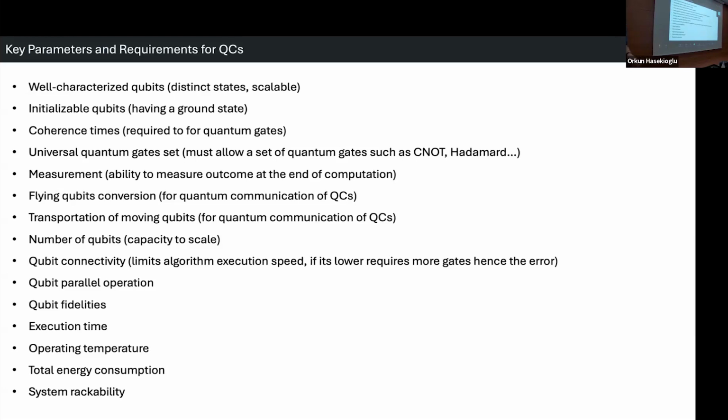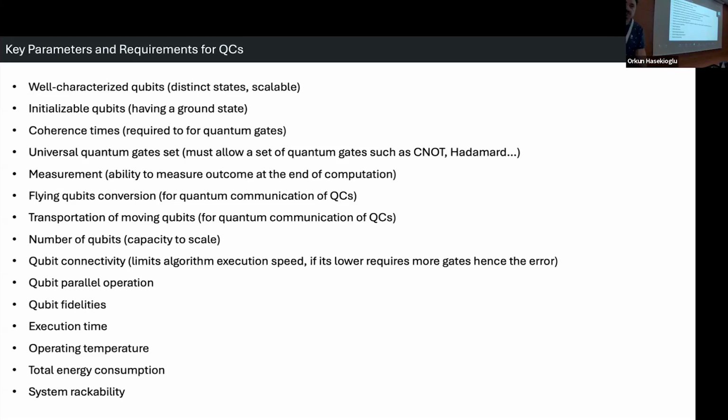All right. Then you need a universal quantum gate set, which is like in algebra where we use addition, multiplication, and division, etc., and you can create whatever result you have. These are the basic operations, right?